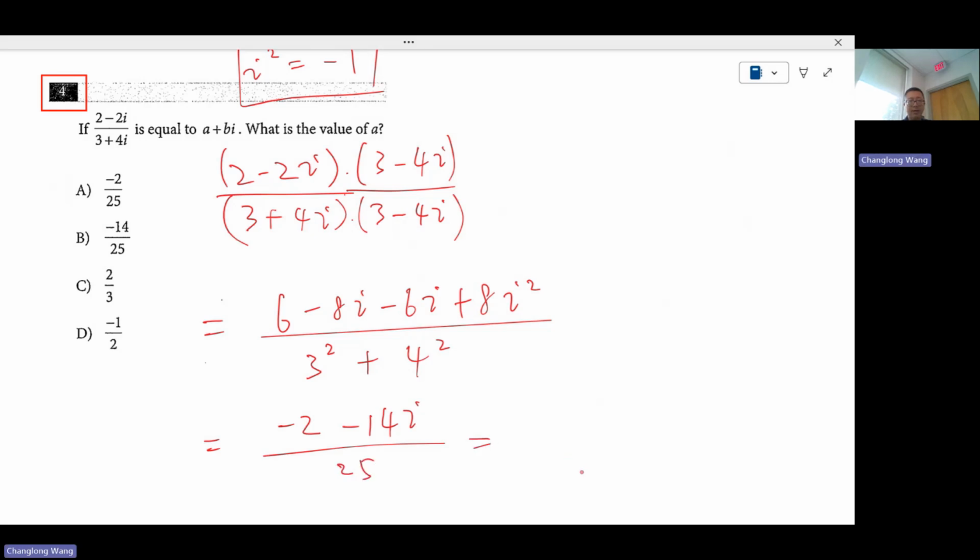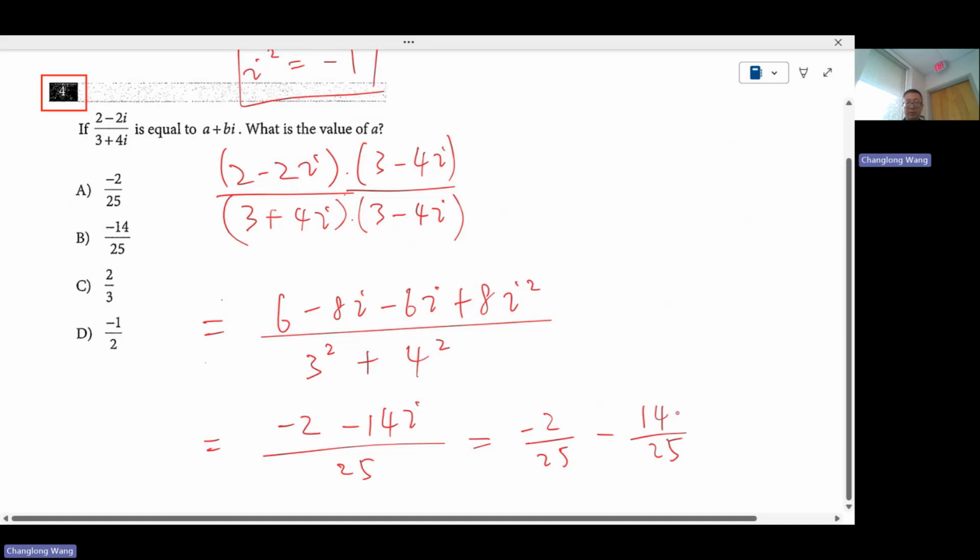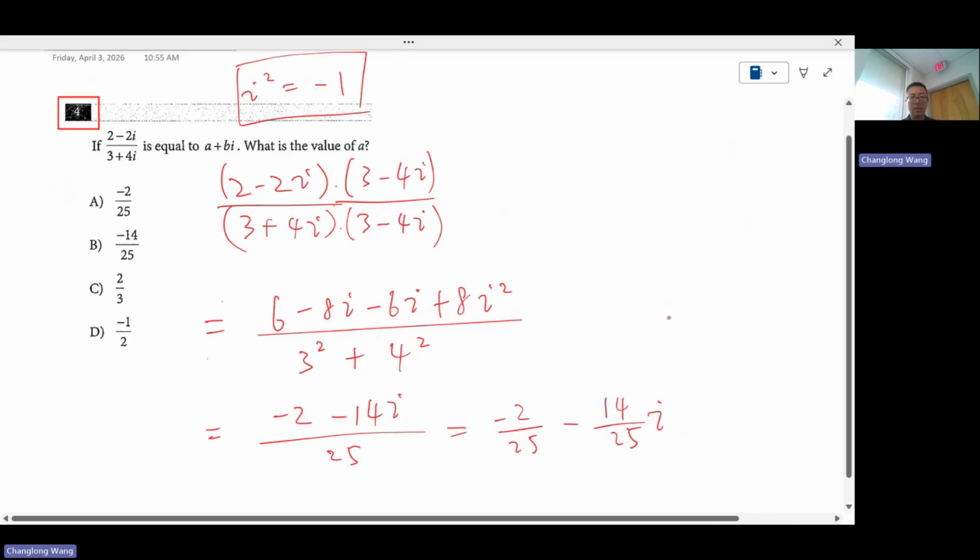So now if you really have to write it in standard form, like a plus bi, you're going to split the fractions into negative 2 over 25 minus 14 over 25. So now where do you want to put the i? Right next to 14, that means 14 times i. Or you put the i right next to that fraction. They're the same. It's just some kind of cosmetic difference.